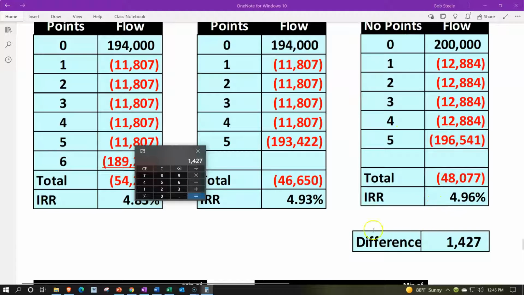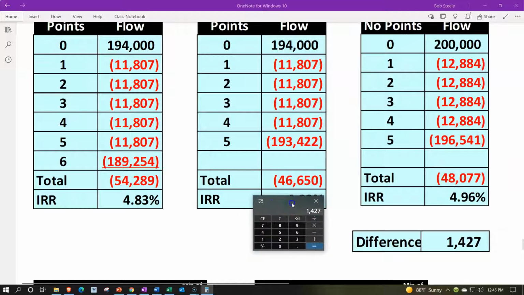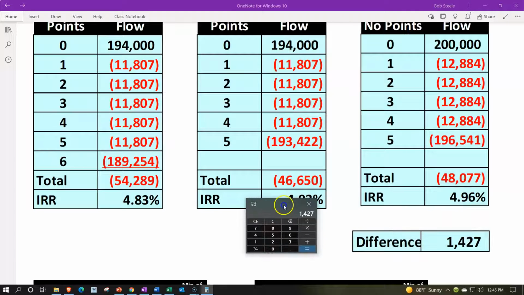Now, notice that we could have a difference in the total here, even at an equivalent IRR, because of the time value of money. So remember that the $6,000 we put up front is worth more from a time value of money standpoint than the $6,000 you would get at a later point in time.